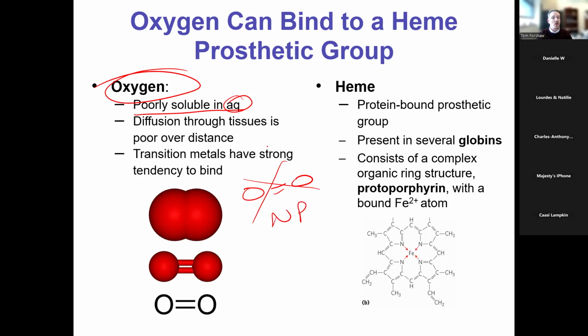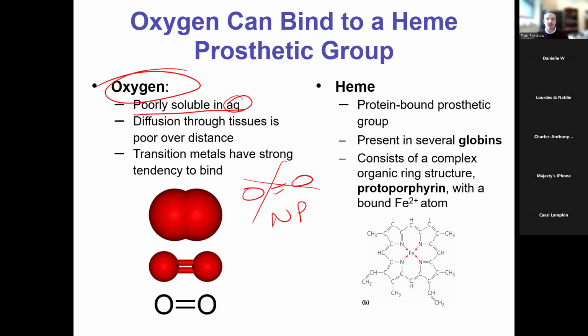Because of that, non-polar things don't dissolve in water very well, and your blood is watery. So in your blood, only about 0.01, something like that, 0.04, I forget exactly, percent of your oxygen is dissolved in your blood. Very, very little oxygen is dissolved in your blood. Instead, the oxygen is carried by a carrier. That's how you solve the problem.